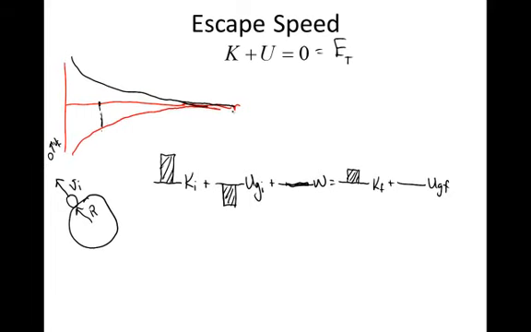And by very, very far away, we essentially mean that the potential energy final has gone to 0. So in writing down our energy conservation equation, this term and this term are 0. We just have that K initial plus UG initial is equal to K final. We can go ahead and solve for this unknown velocity here. So this section really introduces this idea of escape velocity.